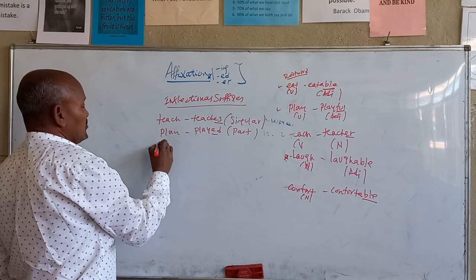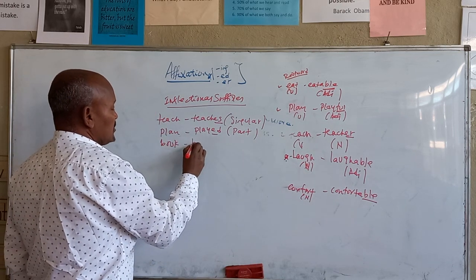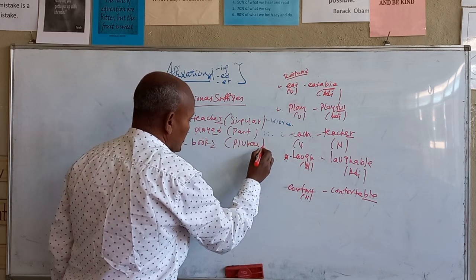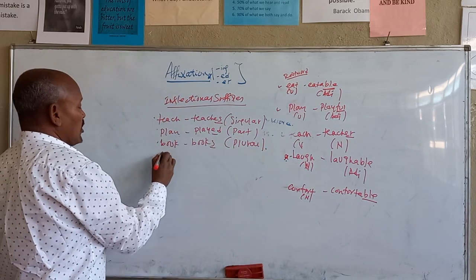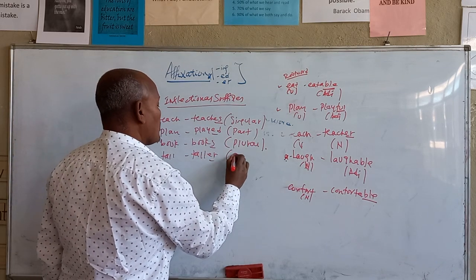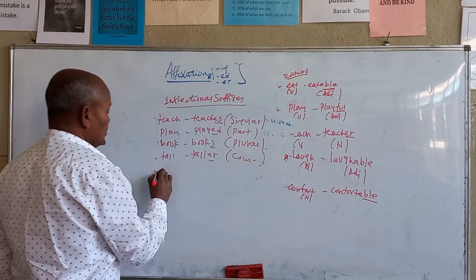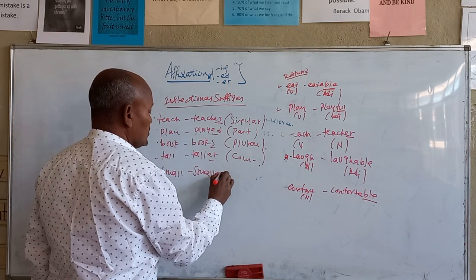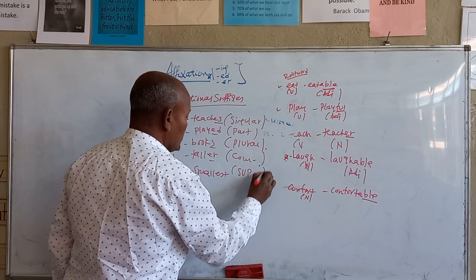All right, book here, and here is books. S, which is plural, number. And the other, tall and taller here, er, which is comparative. And here is small, smallest, which is superlative, yeah.